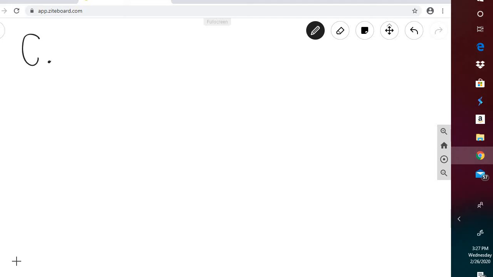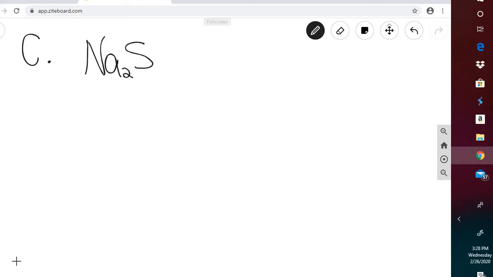Okay, C is this. So sodium, this is an ionic molecule, and it says for ions, the oxidation state is equal to the charge of the ion.